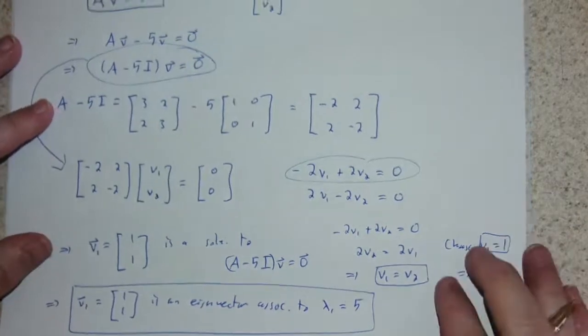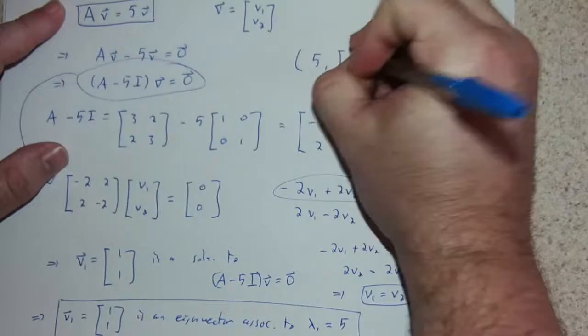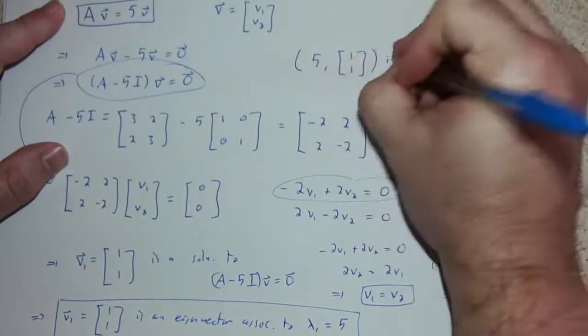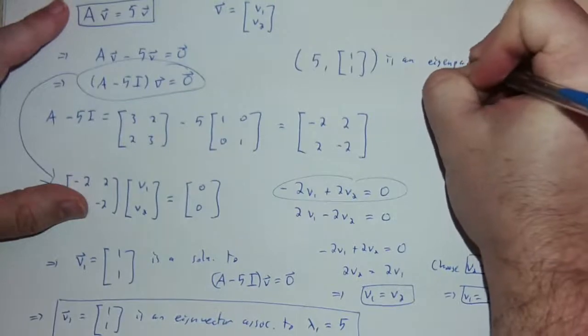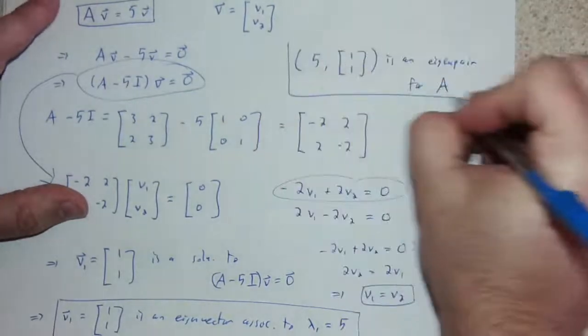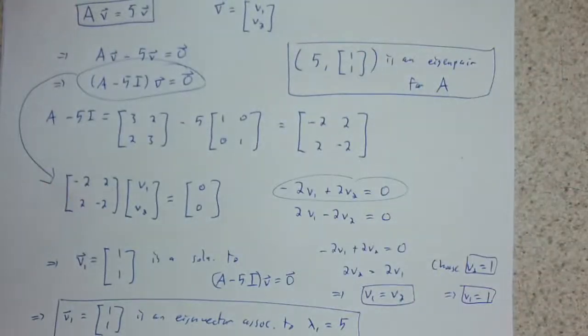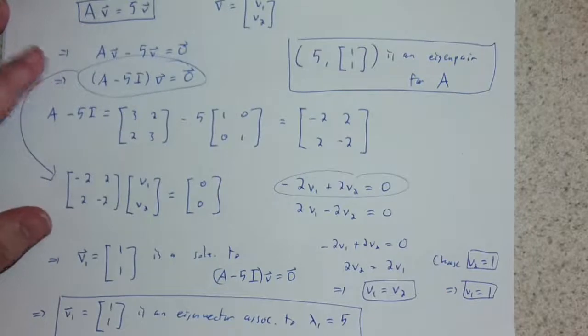Another way of saying this is that 5, 1, 1 is an eigenpair for A, where in the first slot is my eigenvalue and the second slot is my eigenvector.